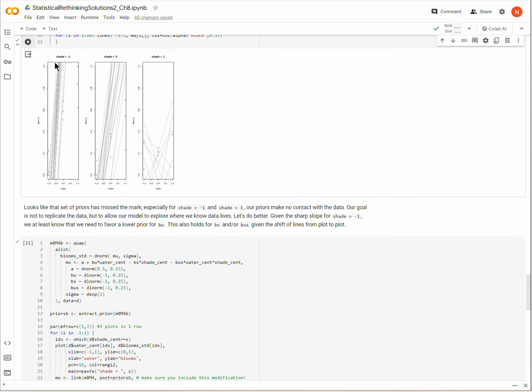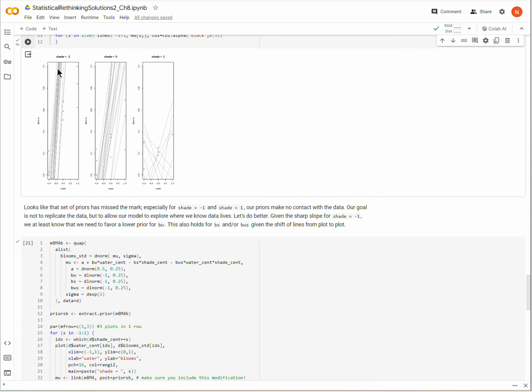The first thing that I notice, especially in shade equals -1, is that the slope for BW is entirely too sharp. And so the slope needs to come down. We need to favor prior values with a smaller slope, and that's what I'm going to do.